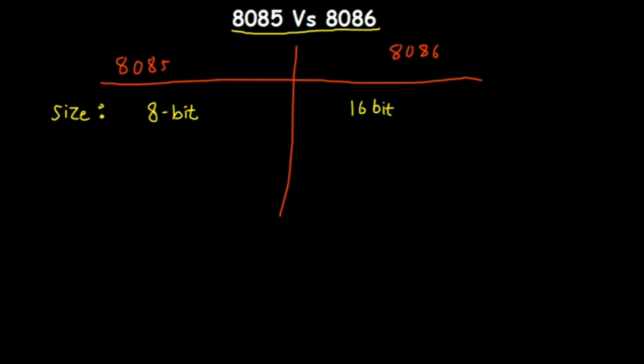Incredible, right? Now the next thing is address bus. In the address bus, what we are having here is a 16-bit address bus. I'm going to explain what an address bus is in a while, and the 8086 has a 20-bit address bus. You can see the clear comparison.